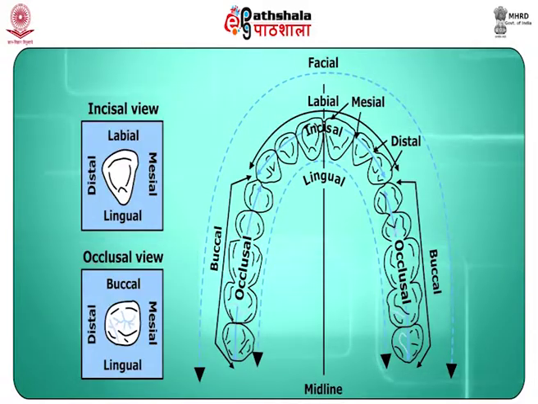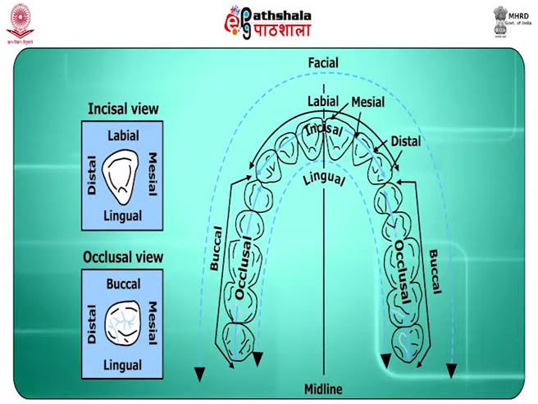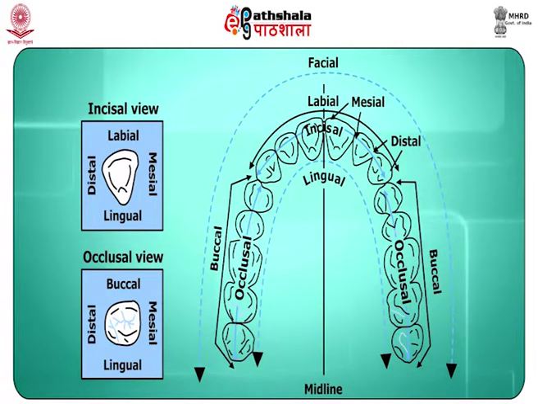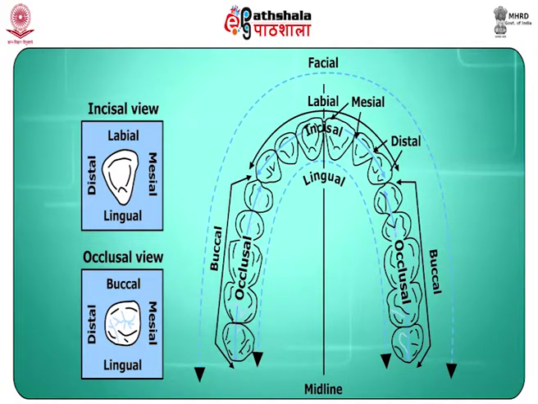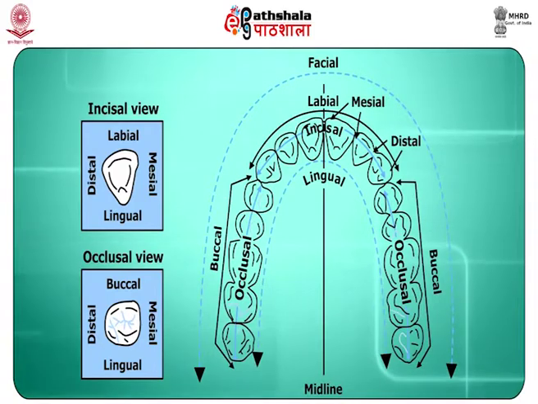The surface of teeth are named as follows. The surface which faces outward toward the face, lips and cheek is referred to as facial, labial or buccal, whereas the surface which faces inward toward the tongue is termed lingual.